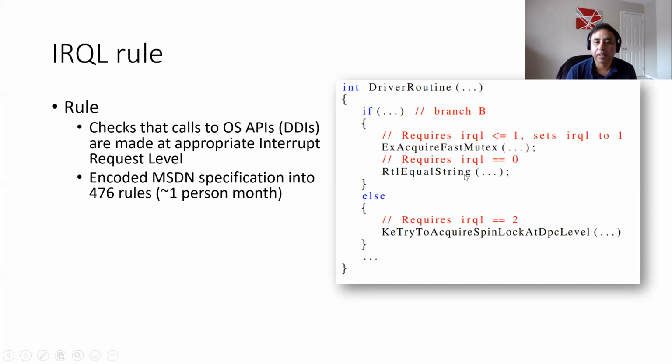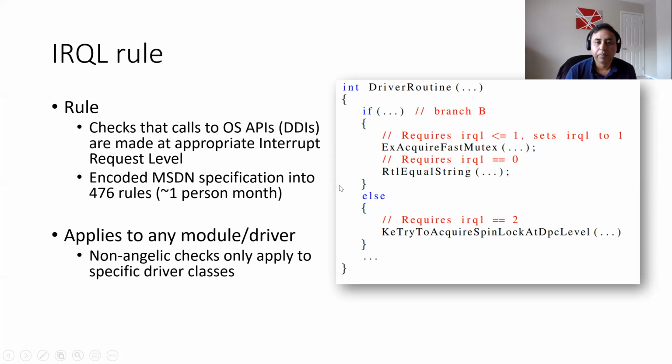Similarly, there are IRQL levels for other APIs. Unlike SDV's prior rules, let's call them non-angelic rules, we did not require these rules to be specific to a certain class of drivers. So you could take any module that calls an API that has a specification, and you can check it.